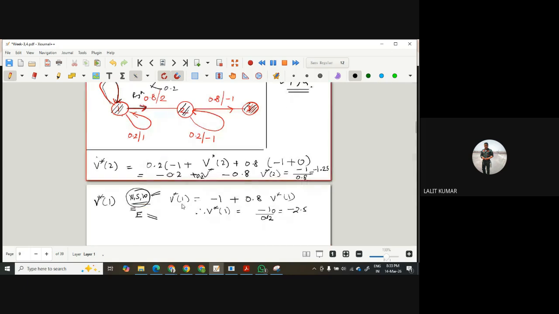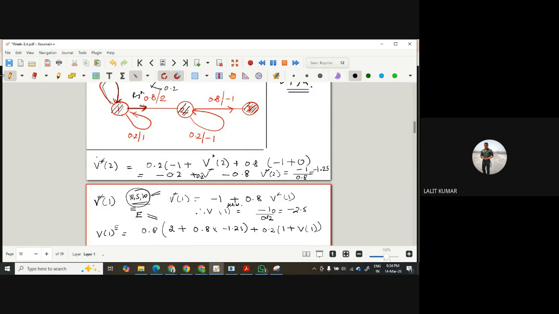Now, sorry, this is not V star, this is V1 for the action north, south, and west. I now consider V1 for east, which will become 0.8 into 2 plus 0.8 into V2, which is minus 1.25, plus 0.2 into 1 plus V of 1.